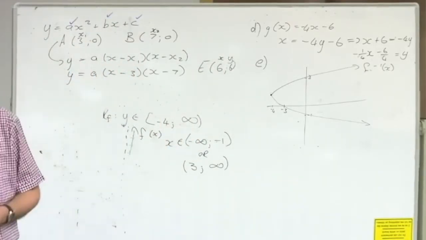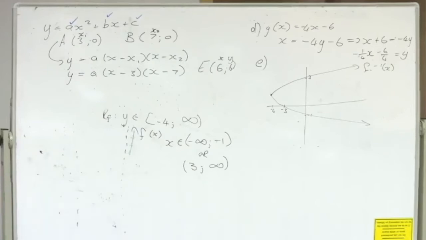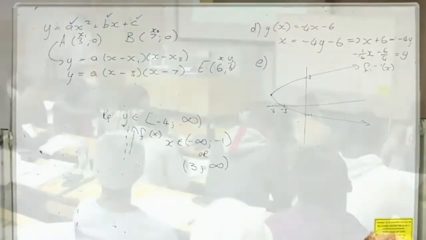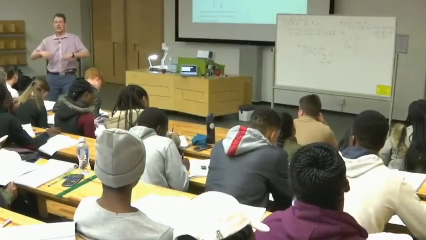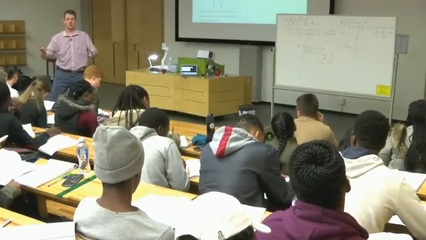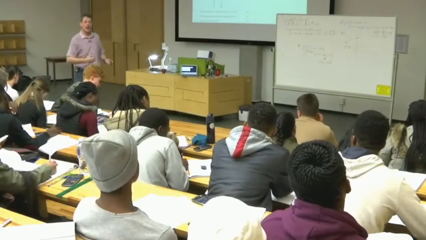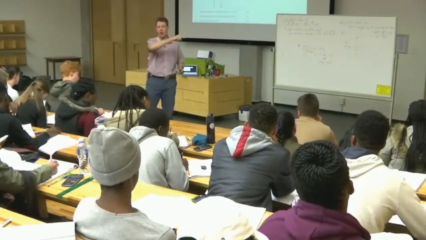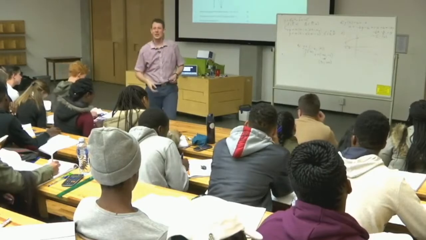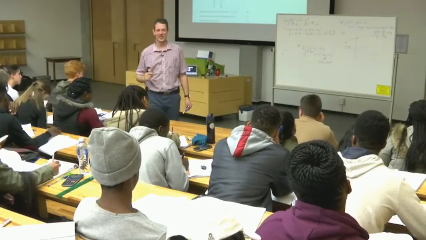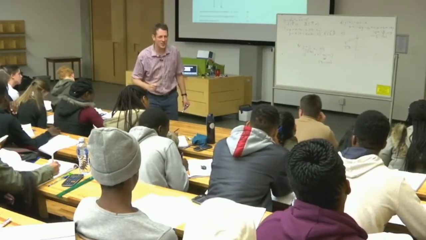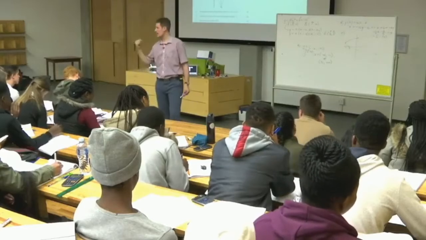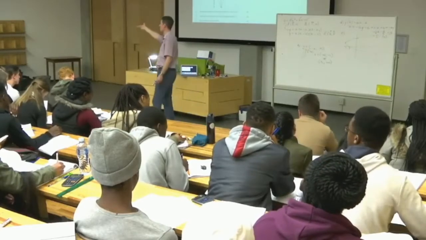I'm going to warn you guys, they love this. They give you, say, a hyperbola, and you are so used to reading off the asymptotes, but then they are sneaky. They don't give you an asymptote, but they give you a random other coordinate.